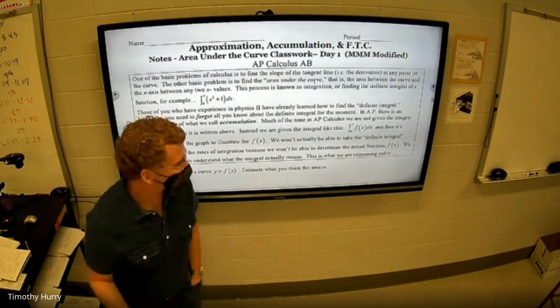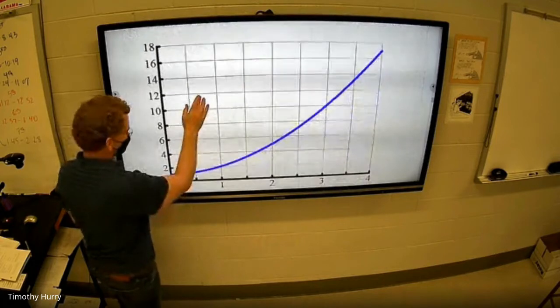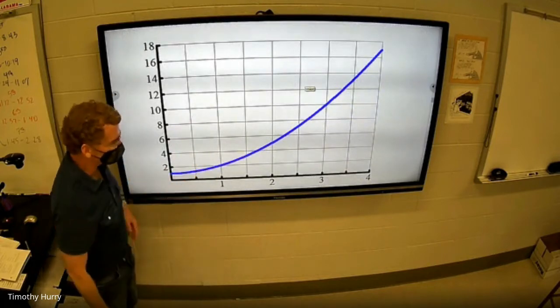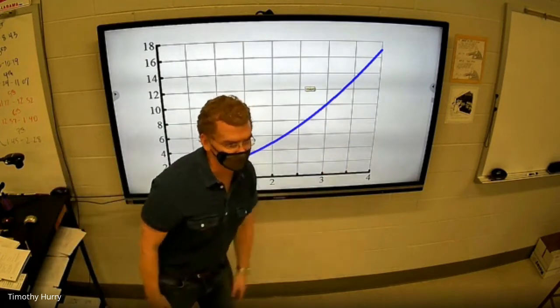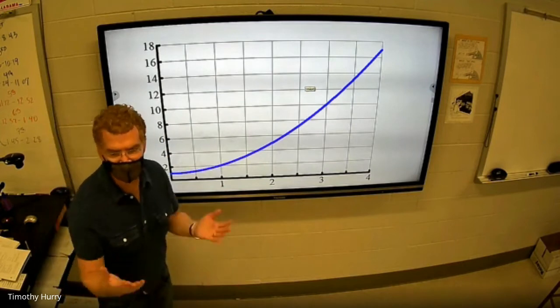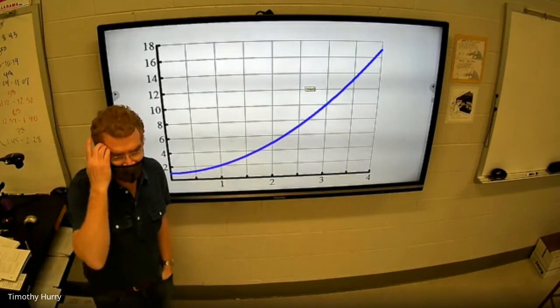We're going to use some geometry. For instance, I've got a curve right here. This happens to be something like x squared plus 1, and I've only shown it from 0 to 4. If I were to give you this and ask what the area under the curve is, what would be your thinking if you were desperate?